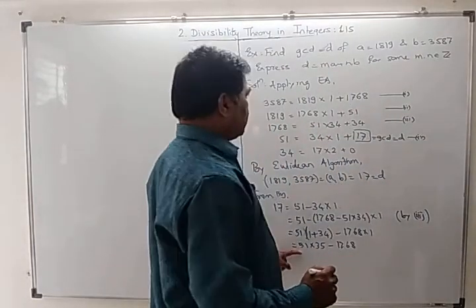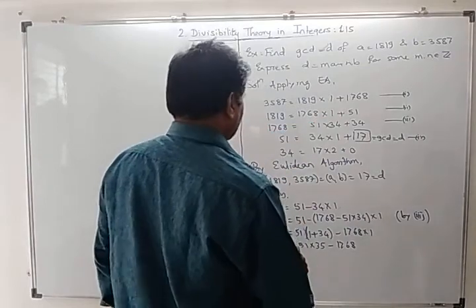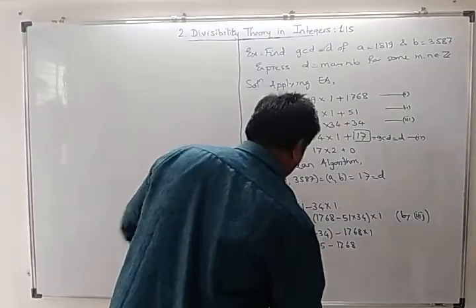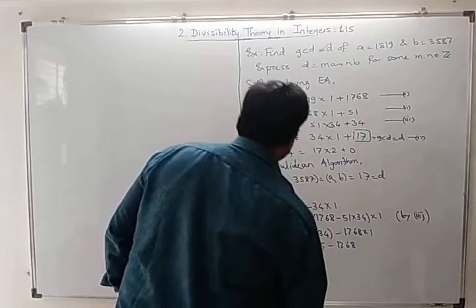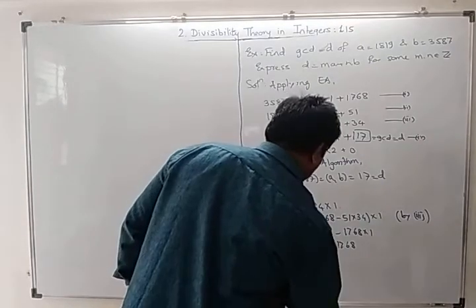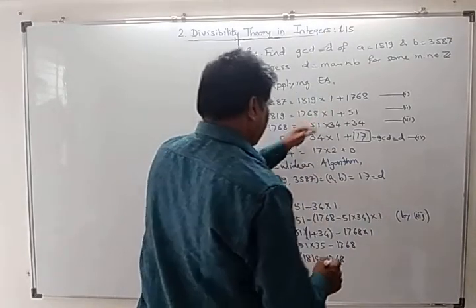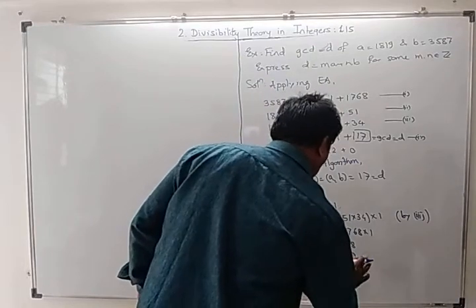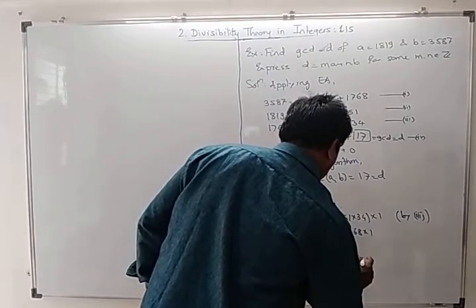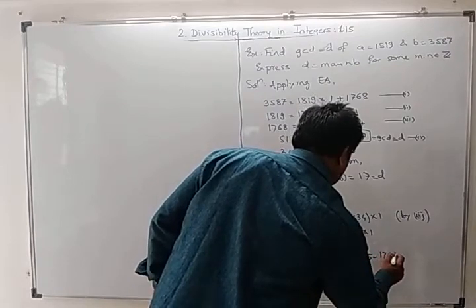Now we'll put the previous remainder 51, this one was by 4, this one is by 3. Now we'll use the second equation, we'll put the value of 51 from the second equation: 1819 minus 1768 into 1, again into 35 minus 1768.